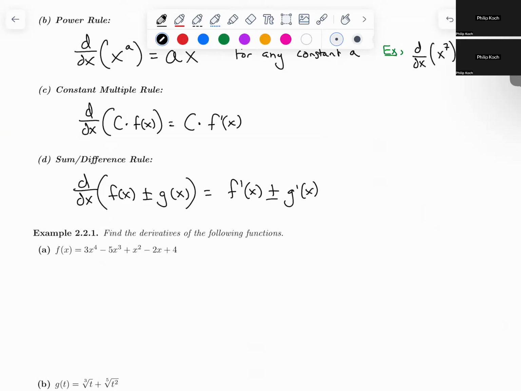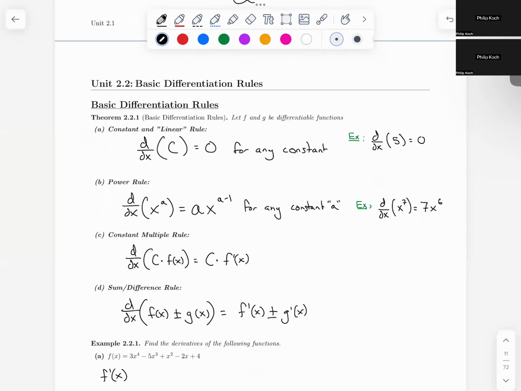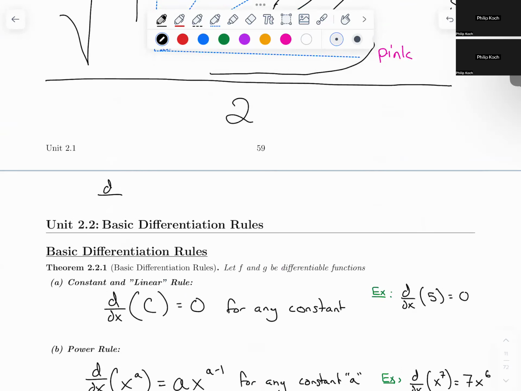So f prime of x is going to, I should probably add this at the very top. So let's say d dx of blank and blank prime mean take the derivative of the blue box. I'm going to put a blue box in here.